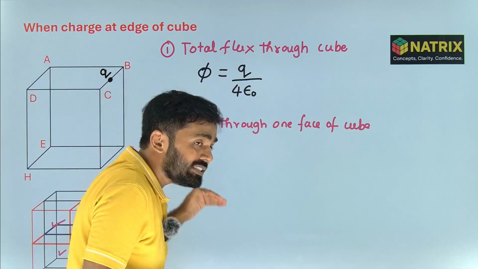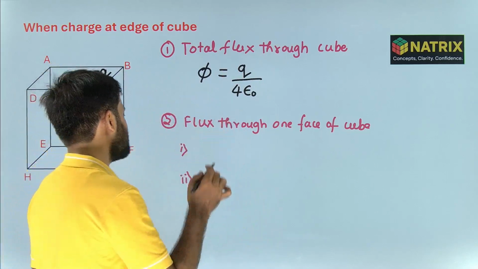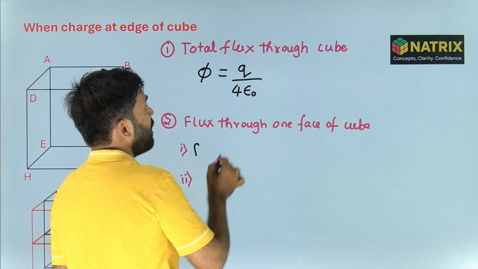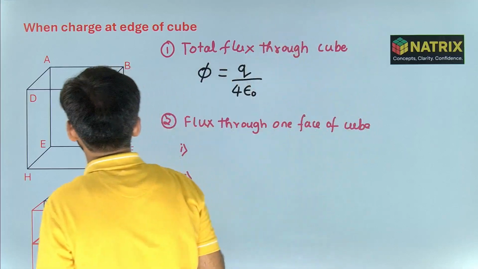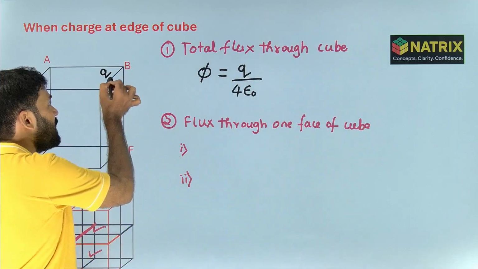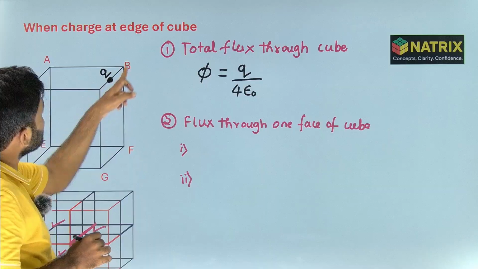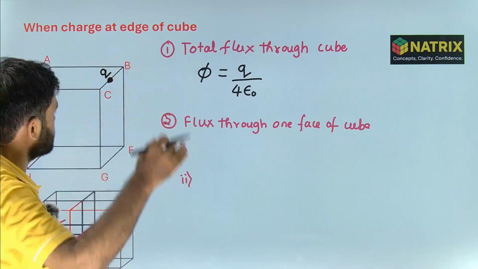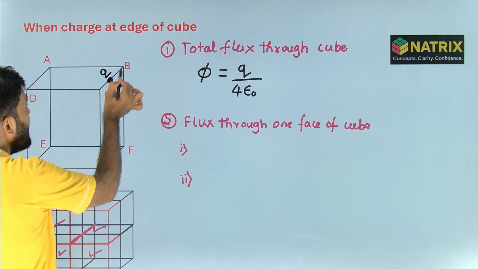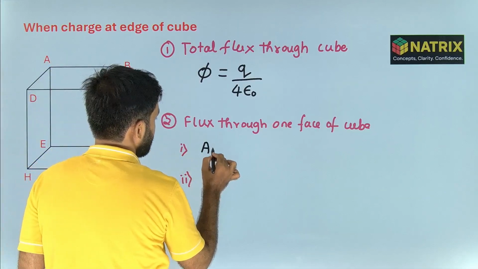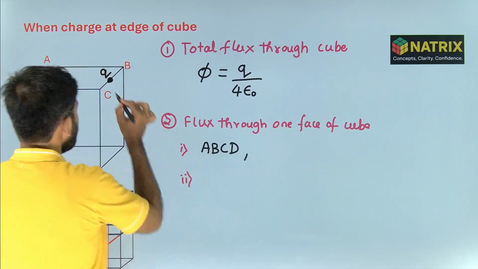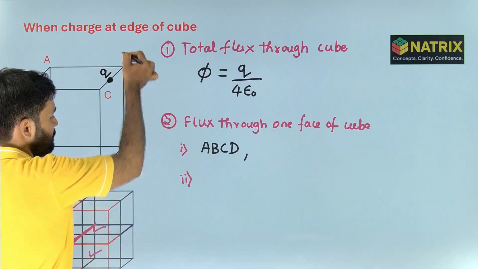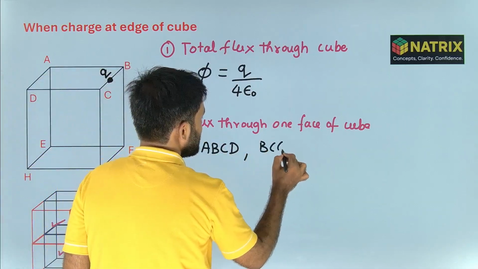Now again there are 2 cases here. What are the cases? If you want flux through the faces, say for example, if I am taking the charge present on this edge here. Here the charge is present on BC. BC is shared by which faces? BC is shared by ABCD, or BC is shared by BCGF.